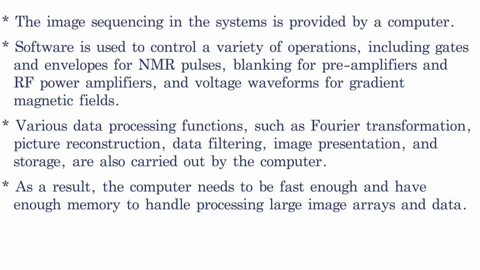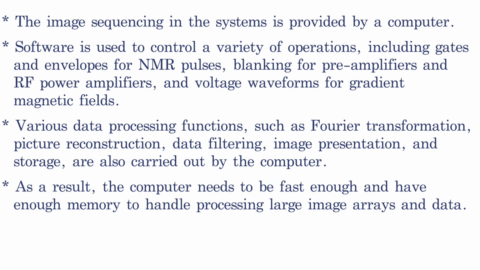Software is used to control a variety of operations including gates and envelopes for NMR pulses, blanking for preamplifiers and RF power amplifiers, and voltage waveforms for gradient magnetic fields.